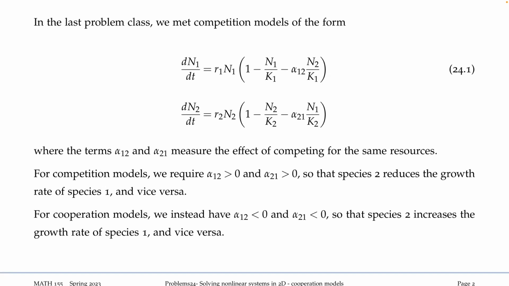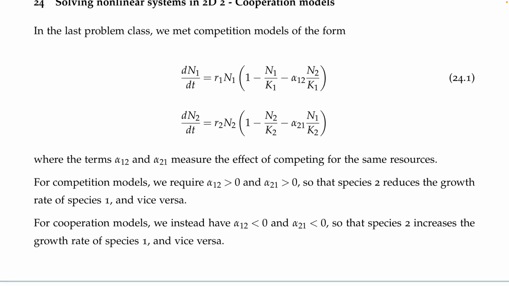Okay, so last time we met a competition model that looked like this, which was basically a logistic model for two species. And then we had this additional term with these coefficients, these alpha 1,2s and alpha 2,1s that were negative terms. So they were indicating that there was a negative interaction between these species, competition in this case.